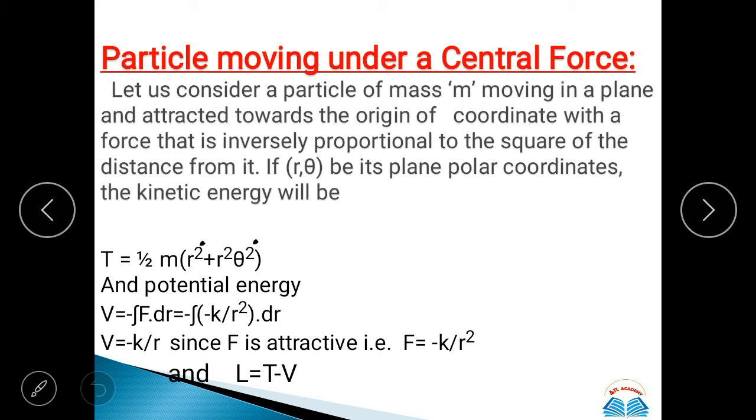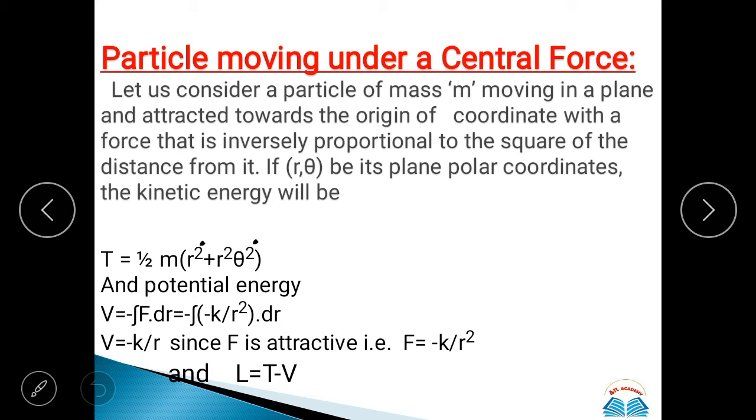All are central forces, and they keep all their force towards or away from the center, and they follow the inverse square law. So if a particle is moving under that type of force, what will be its equation of motion according to Lagrangian? We will derive that.